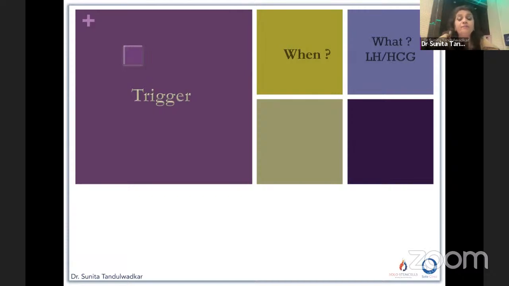Because I give a margin of 1 mm to my fellows for the error in their sonography. If my protocol would have been 18 mm, and they are giving at 17, or my protocol is 20 mm and their measurement goes wrong, 21 mm, 22 mm, I give a margin. So usually you can consider between 18 to 20 mm.